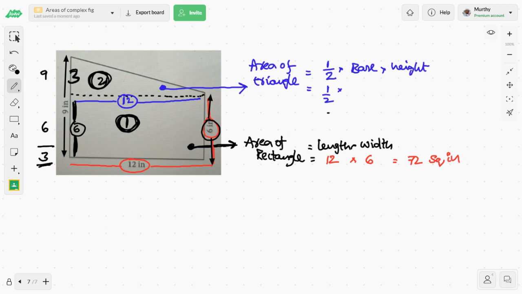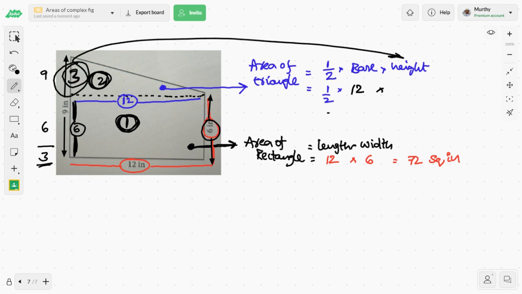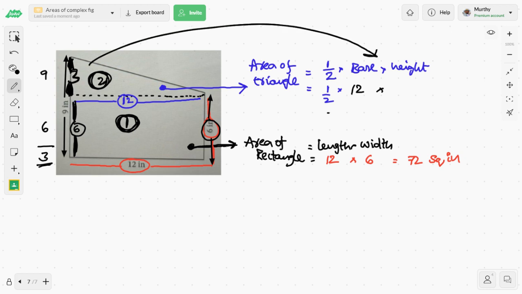Now, what is the base? That's going to be 12 units here. So half times base is 12 times. What is the height? You see that height is 3 units. I repeat, the height of this triangle is 3 units here. That value is to be substituted here.